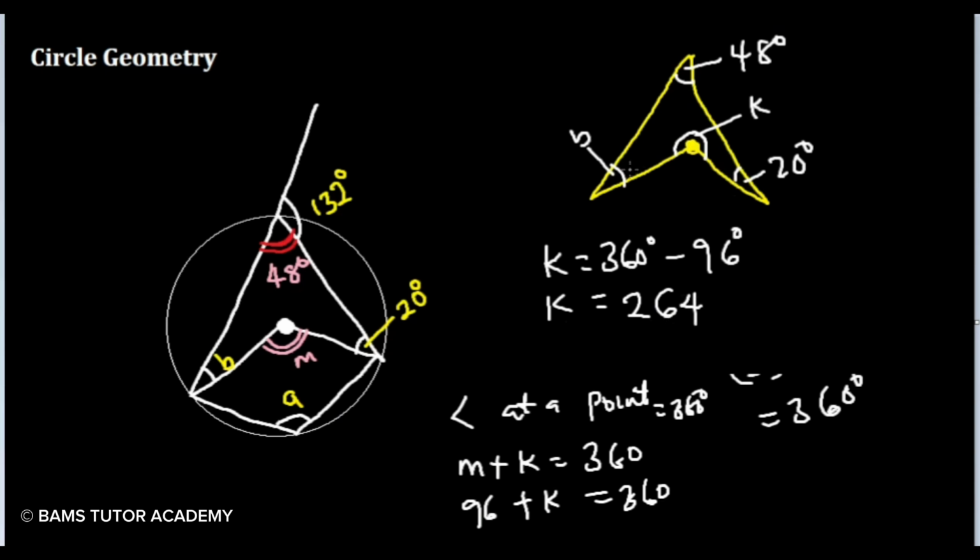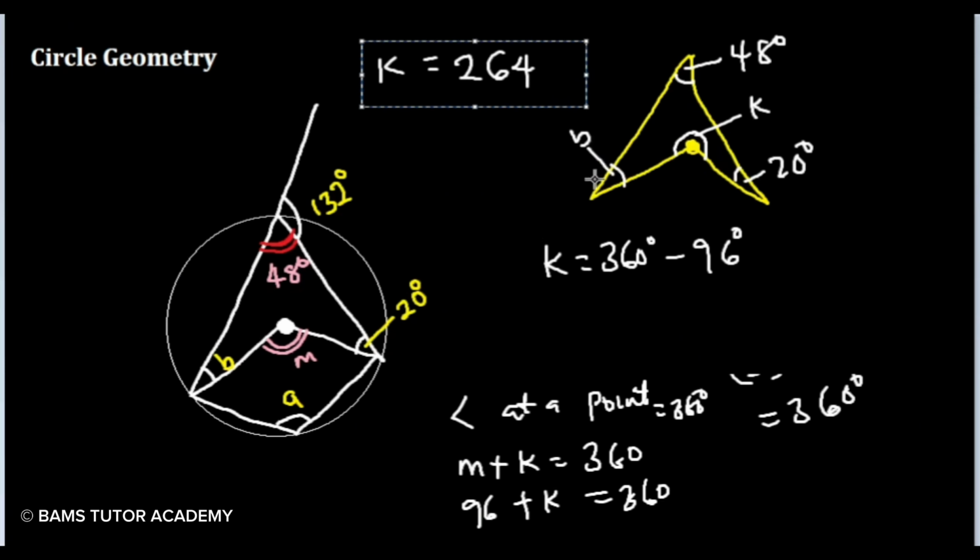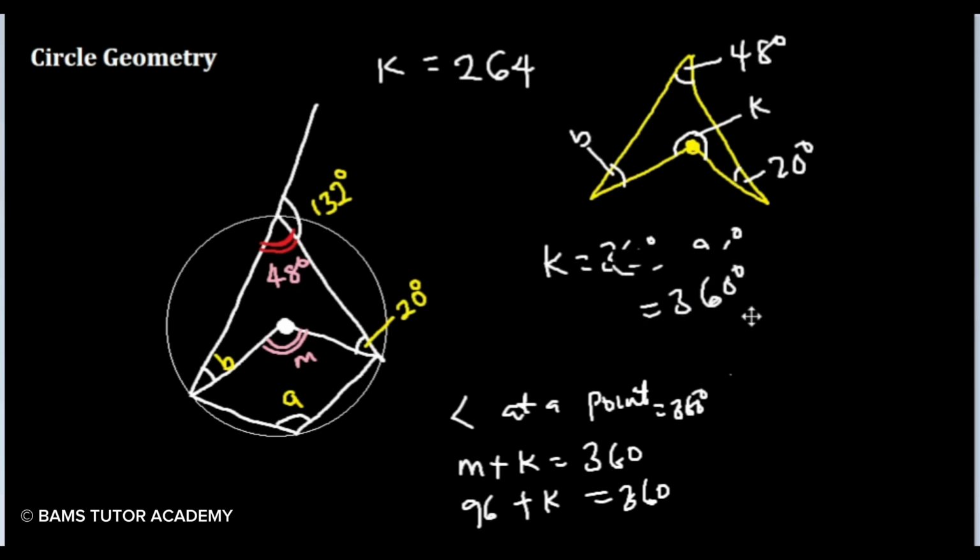So we need to get the value of our B. Since we now know the value of K to be 264, we know that this is 264, and the sum of angles in this shape is 360.